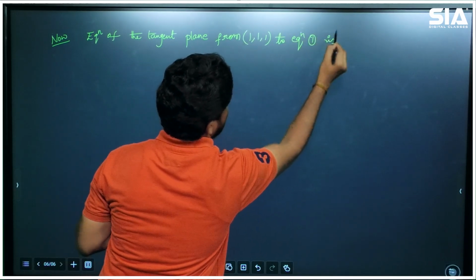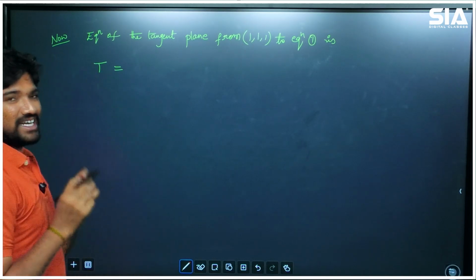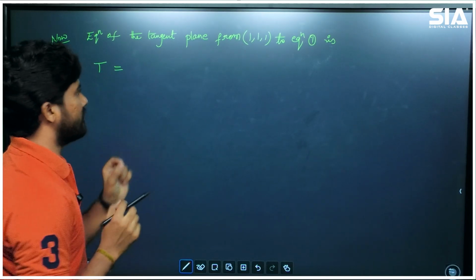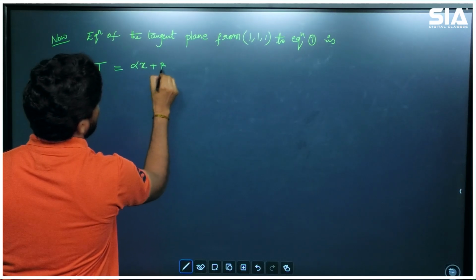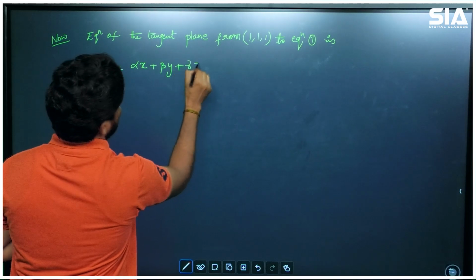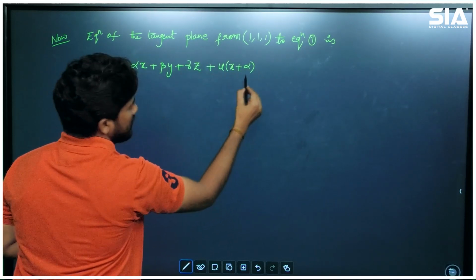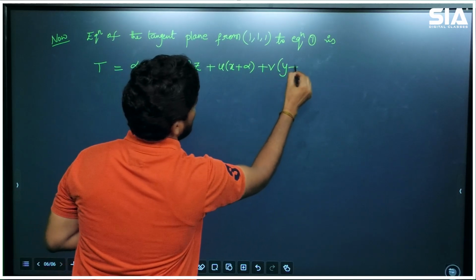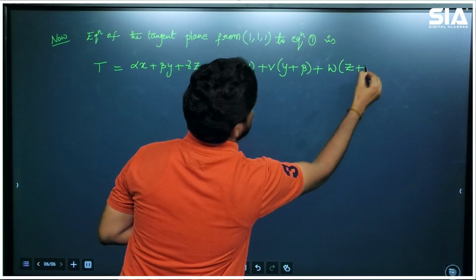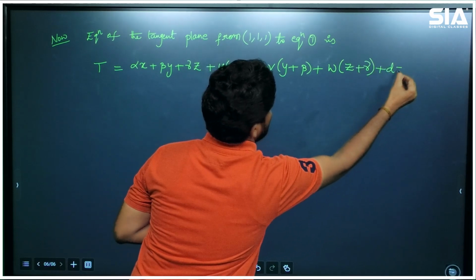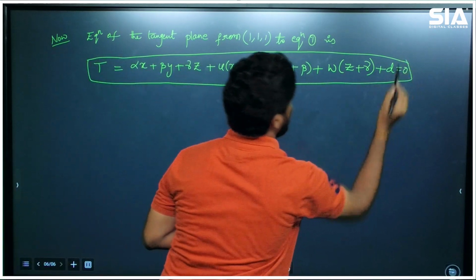So capital T is equal to, I am writing the general formula for the tangent plane of the given sphere: alpha x plus beta y plus gamma z plus u into x plus alpha plus v into y plus beta plus w into z plus gamma plus d is equal to 0. You have to remember this equation, very important.